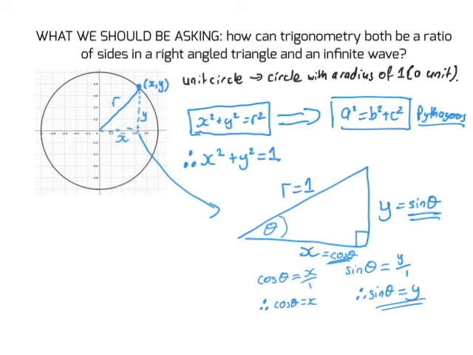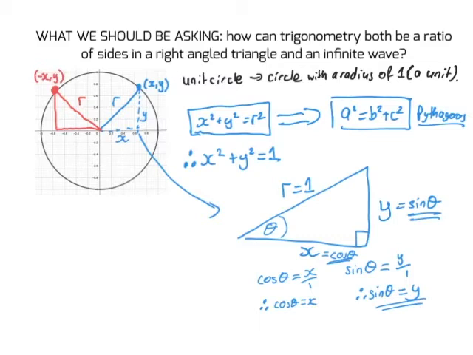At the minute, I have this right angle triangle drawn like so. However, there is nothing stopping me from drawing a right angle triangle that exists on this circle in this other quadrant here. Again, I will have a radius. Again, I will have a coordinate, x and y. However, when I look at these coordinates, this time my x is in the negative quadrant, y is in the positive quadrant.